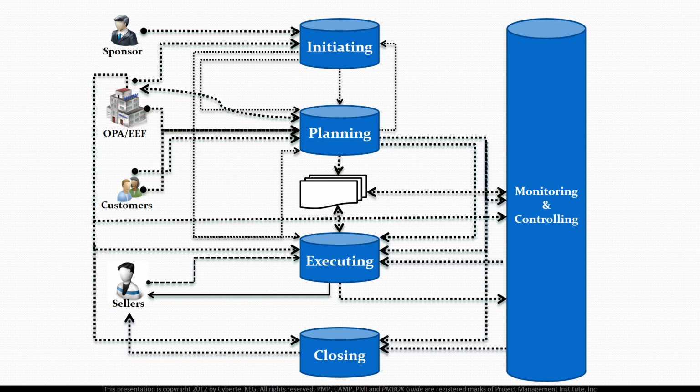That means in a multi-phase project, the 5 process groups will be repeated in each phase. We will always use this figure in this course to visualize the input and output to or from each process. That will help you to remember the process flow when you are sitting for the PMP exam.